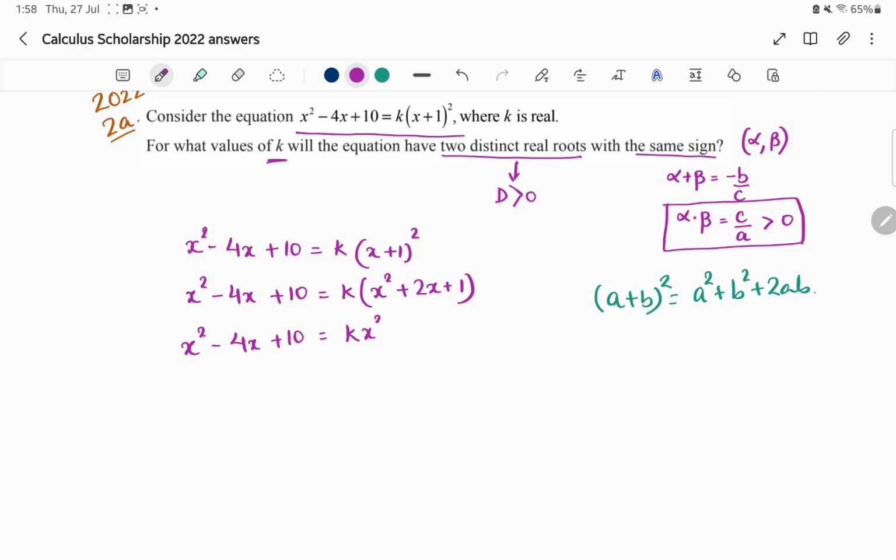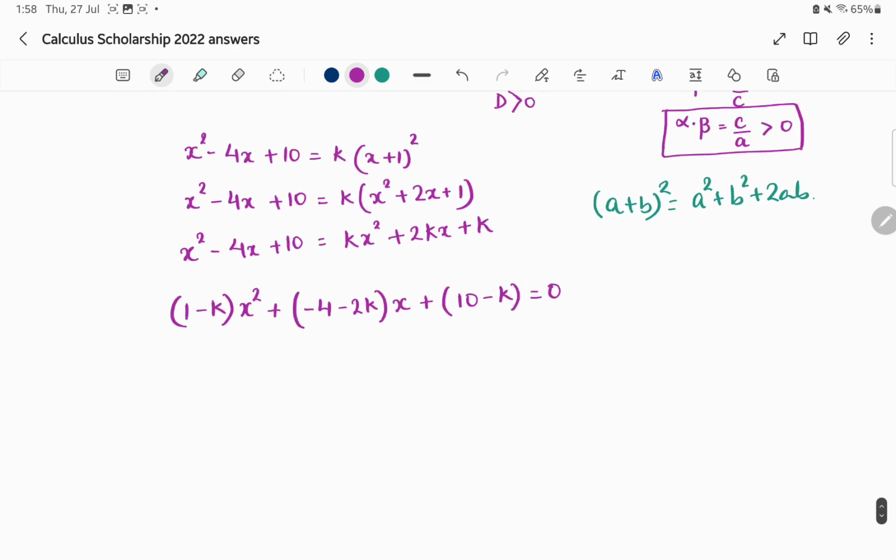Now let's expand the bracket one more time with the k. So it's going to be kx squared plus 2kx plus k. Now let's bring everything to one side. We will have (1 minus k) x squared as the coefficient of x squared, plus, let's keep plus, it's easier to compare with the equation, (minus 4 minus 2k) x plus (10 minus k) equals 0.